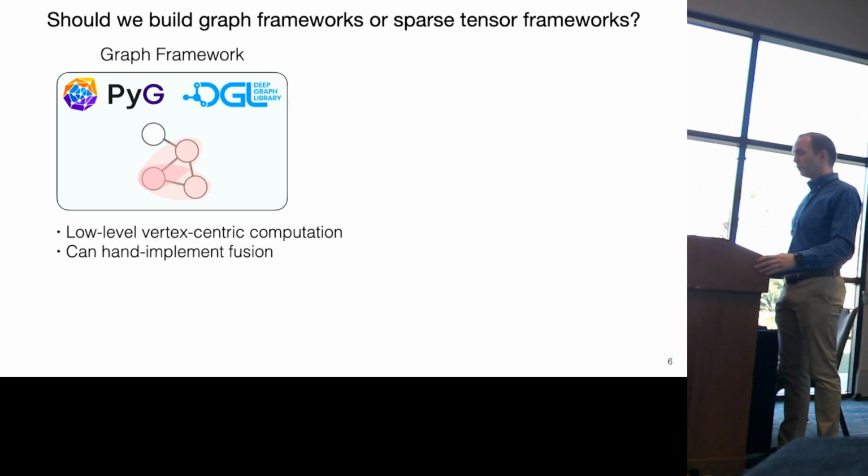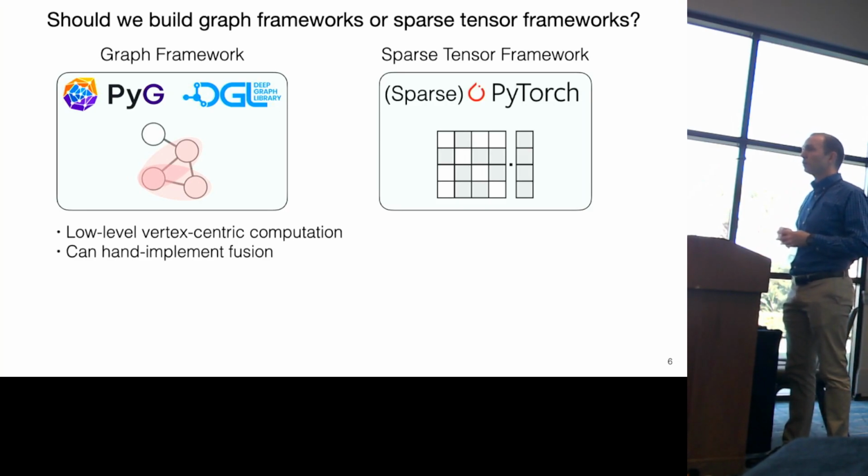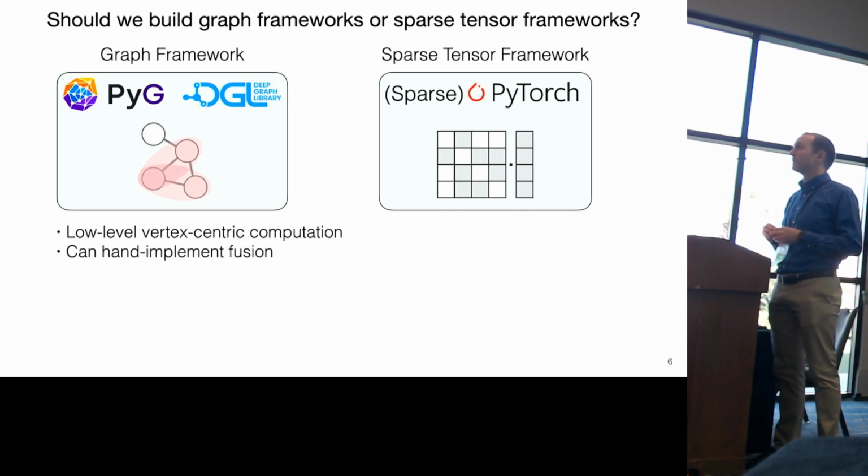So the alternative to implementing graph neural networks in graph frameworks is to implement them in PyTorch. The problem is that PyTorch only really has solid support for dense arrays. And if you implement graph neural networks with those dense arrays without doing a lot of workarounds to make sparse computations look like dense computations, and then use a lot of gathering and scattering, which is really what these libraries do, because they're actually built on top of PyTorch, but not in a very abstract way.